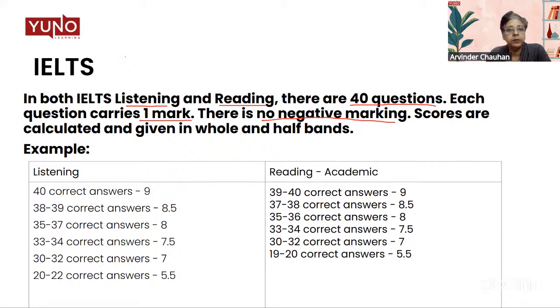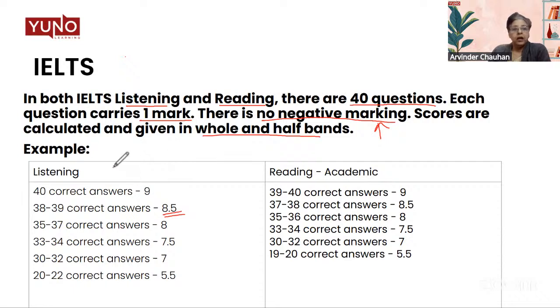We do have people getting 6 point something in the overall scores, in Canada and other countries too. The good thing is that there is no negative marking, so you must attempt each and every question type.